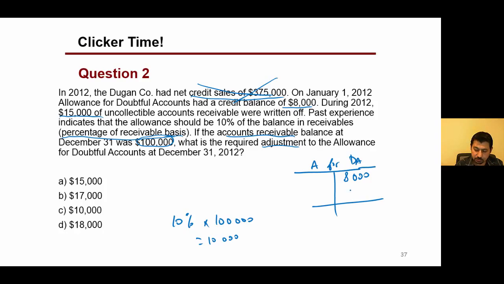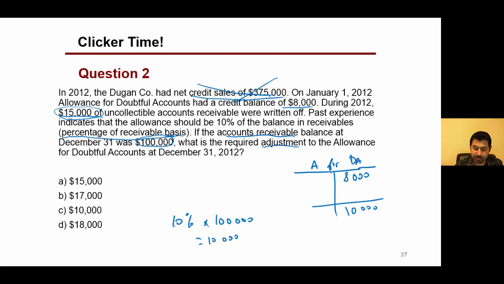There were also 15,000 that were written off.